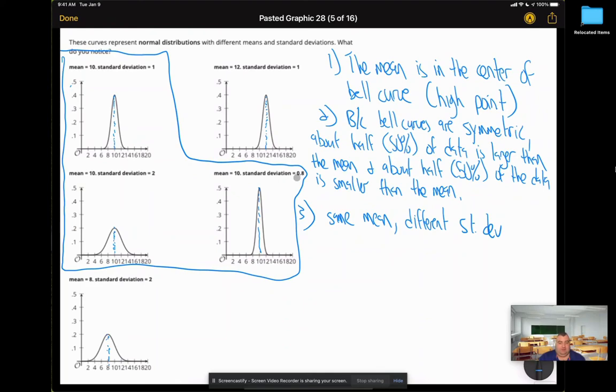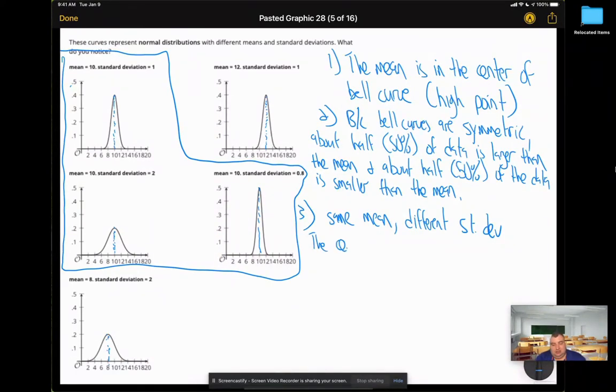And if I further decrease the standard deviation to 0.8, it's even more narrow and even taller. So when I have the same mean and different standard deviations, the centers will be the same. The high points will be at the same spot.